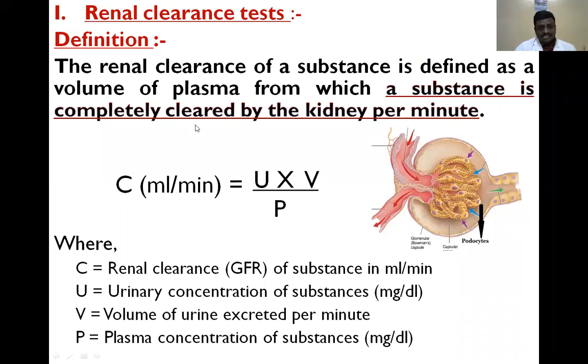This is the general formula: clearance in ml per minute equals U into V by P. What is U? Urinary concentration of the substance. V, volume of urine excreted per minute. P, plasma concentration of the substance.